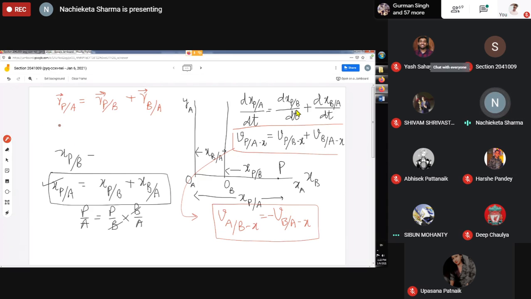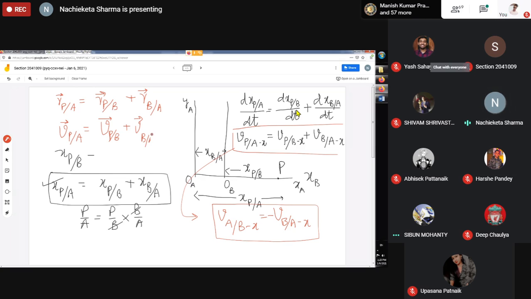I will take a derivative and I can write that the instantaneous velocity of P with respect to A is equal to the instantaneous velocity of P with respect to B plus the velocity of B with respect to A, and this is what is called relative velocity in space.